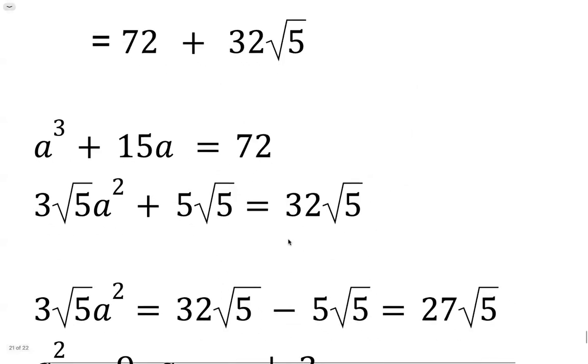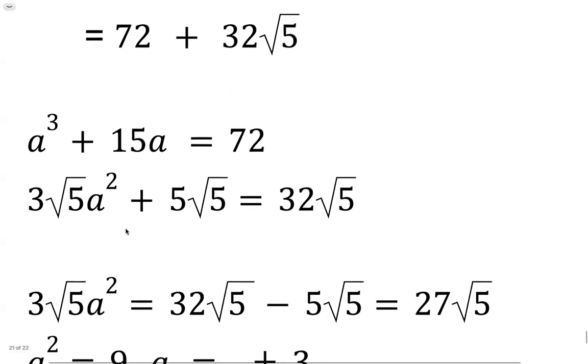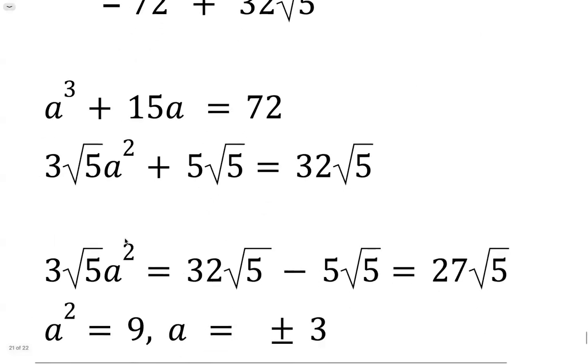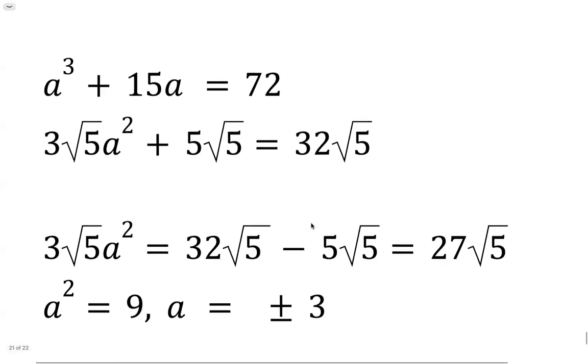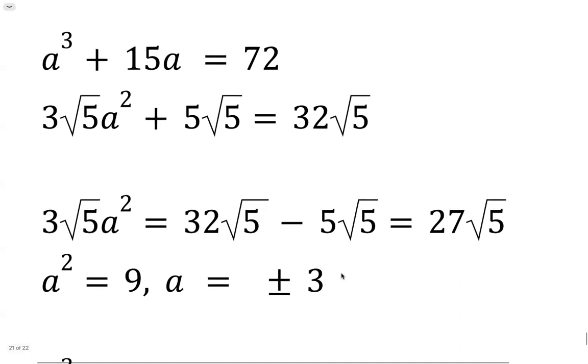So now we simplify this. Let's subtract 5 radical 5 from both sides. So 32 radical 5 minus 5 radical 5 gives 27 radical 5. We just subtract the rational numbers, 32 minus 5, which gives 27, and keep the square root of 5.